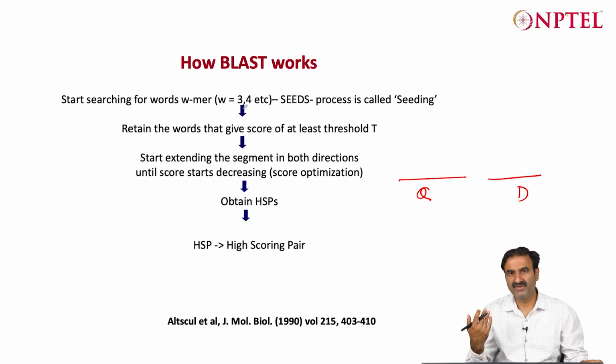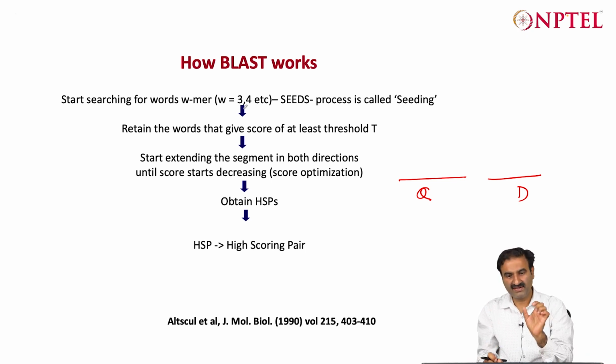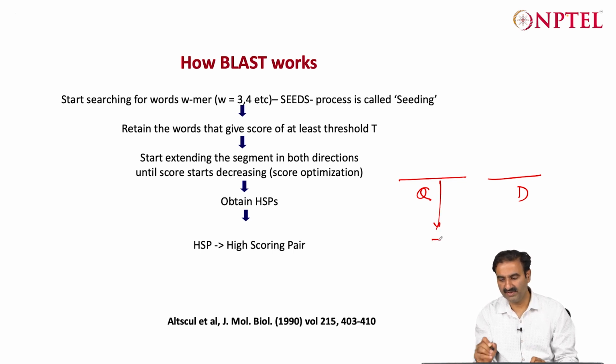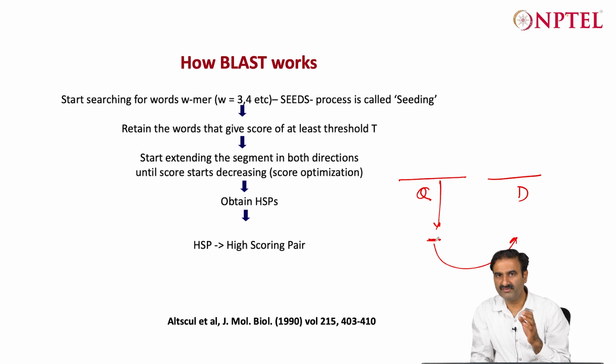What happens is, it is not that you will find the exact 3-mer or 4-mer that you have derived from the query in the database. There could always be some chances that some residues are more conserved, some nucleotides or amino acids are more conserved, some are less.